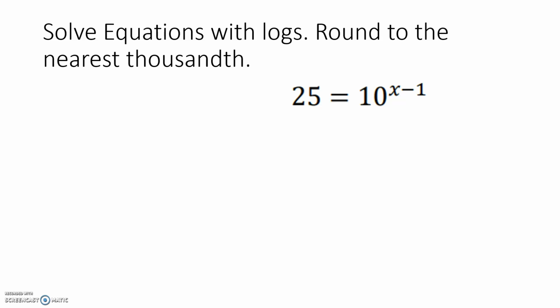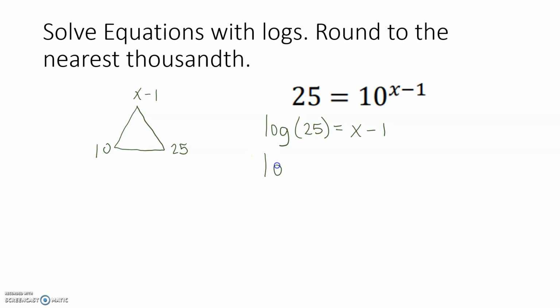All right. The next skill we have is solving equations using logs. When I'm solving equations, I'm going to think about changing the base, or writing it in exponential form, sorry. So the base is 10, the exponent is x minus 1, and the answer is 25. So if I write that as a log, it would be log base 10 of 25 equals x minus 1. We don't usually write the 10. If I want to get x by itself, I would add 1 to both sides.